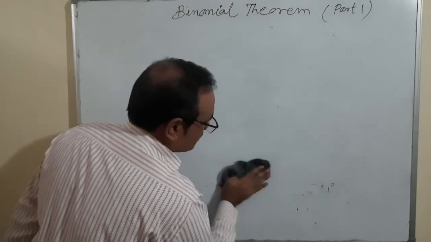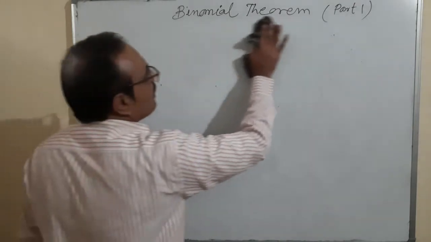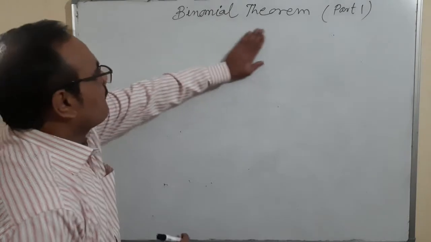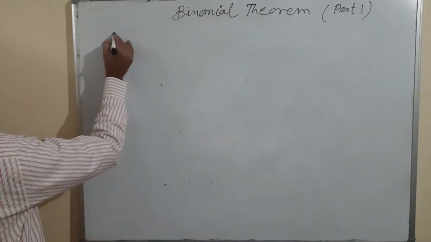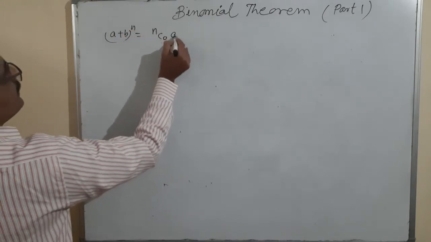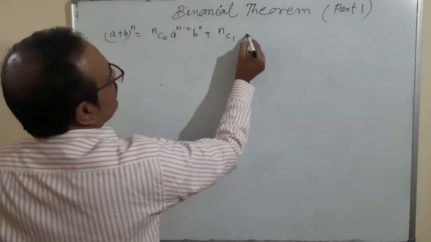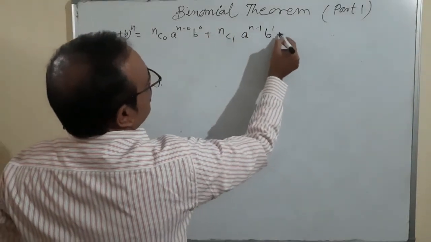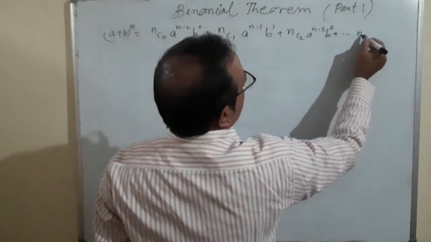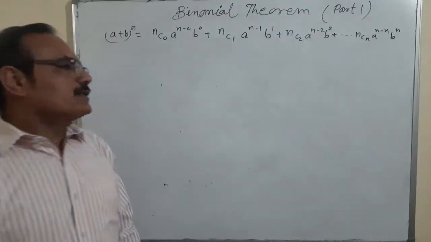First I am writing (a + b)^n. And what is this? nC0 a to the power n minus 0, b to the power 0, nC1 a to the power n minus 1, b to the power 1, nC2 a to the power n minus 2, b to the power 2, and nCn a to the power n minus n, b to the power n. Okay, this is the expansion.